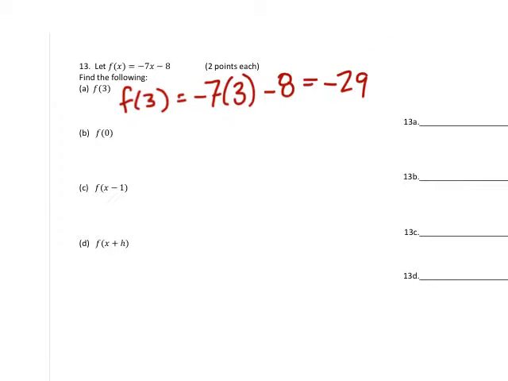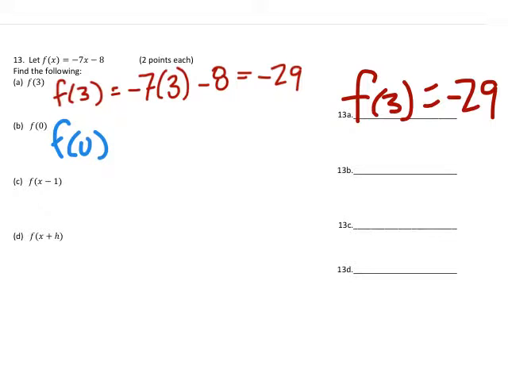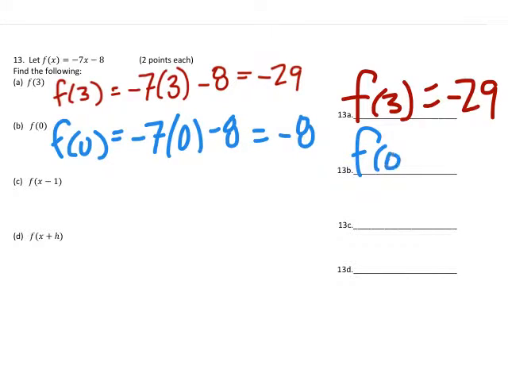So the way you should write this, to give full credit, is that f of 3 equals negative 29. Now the reason we write this is because we want to show that it is a coordinate pair, and that allows us to do it for the rest of these as well. So f of 0 equals negative 7 times 0 minus 8, which is equal to negative 8. So I would write my answer, f of 0 equals negative 8.